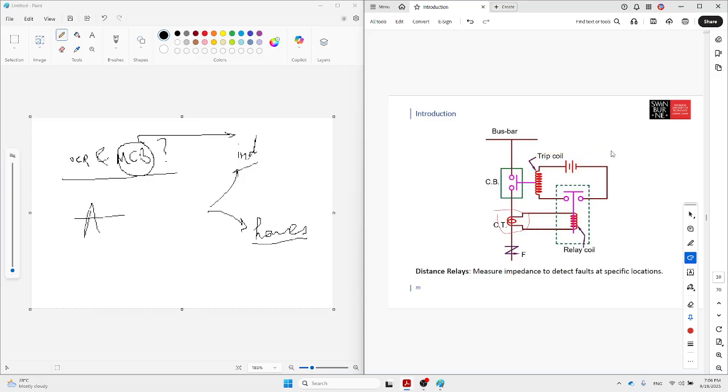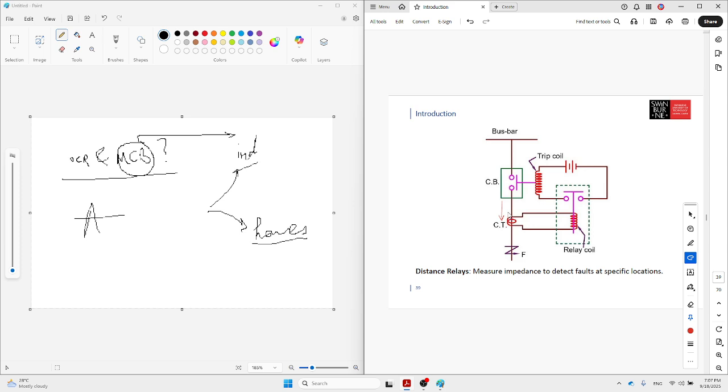How it works is very simple. In the normal condition, without any fault, the current going through here energizes the relay coil. The energy for this is very small, very limited.